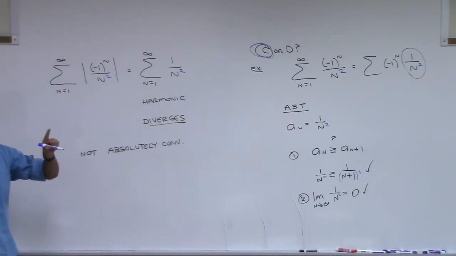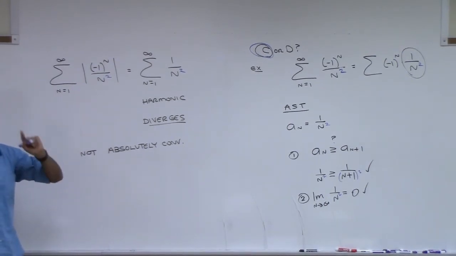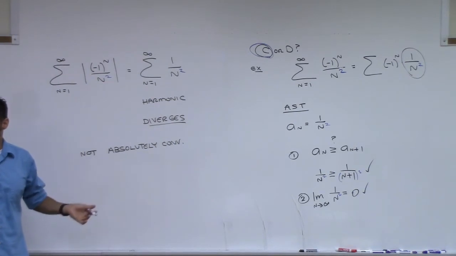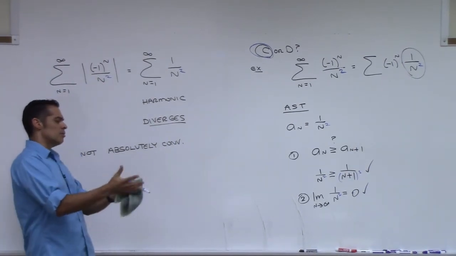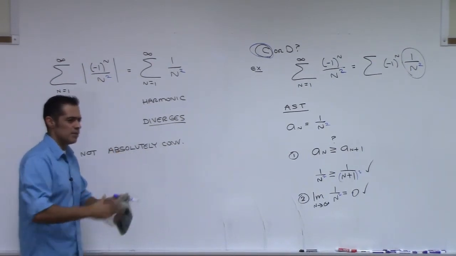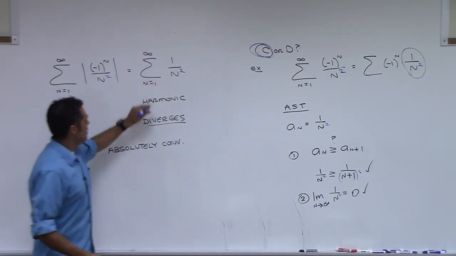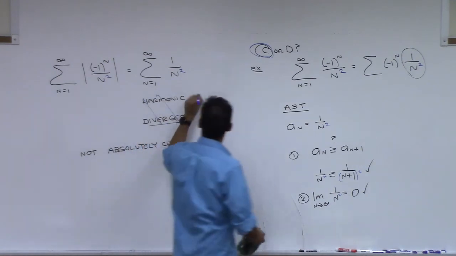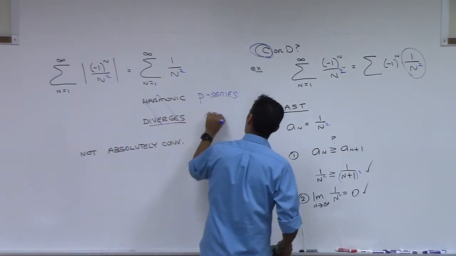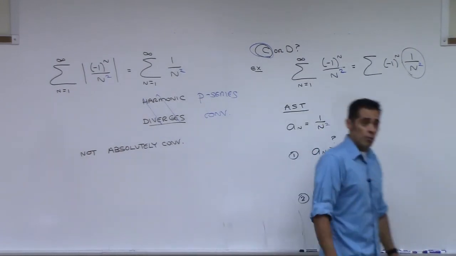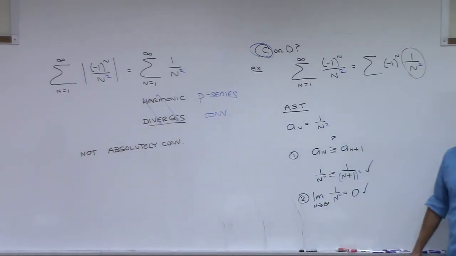That's a P series with P being 2. That's all you have to say, and we're done. I'm not quite sure what you mean by it's going to something faster. So this right here wouldn't be harmonic anymore. It'd be a P series, and that converges. So it would be absolutely convergent.